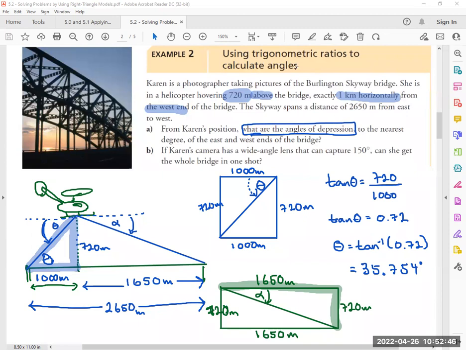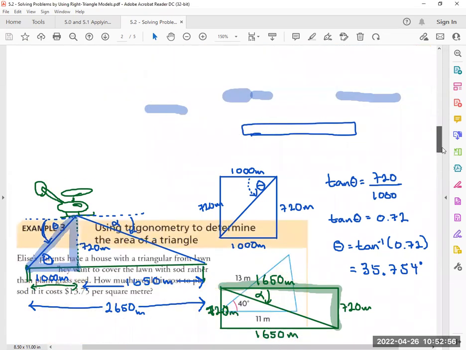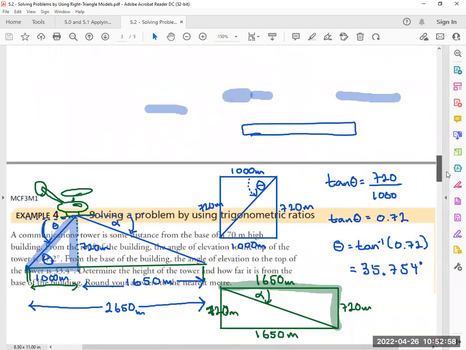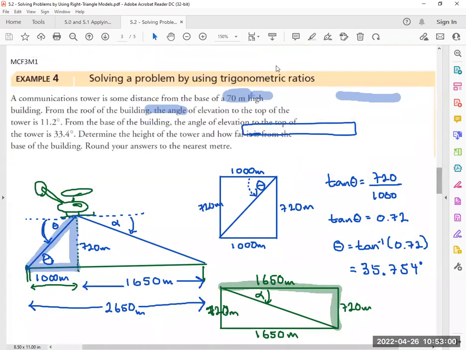One last thing before I set you free for today. Please go to the next page and cross out example 4. What I mean by that, not example 3, you can do example 3, but example 4, I want you to cross out. I don't need you to do that one.